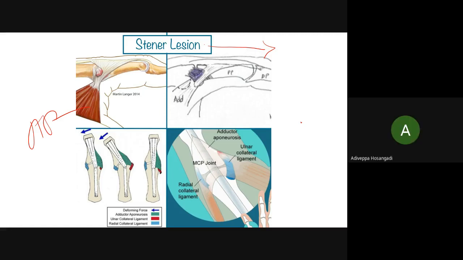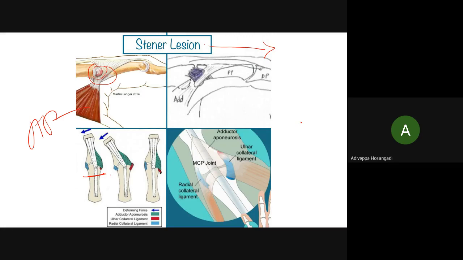Once there is a rupture of the ulnar collateral ligament, watch it: if the torn ulnar collateral ligament comes out of the aponeurosis of the adductor pollicis, it is not going to heal. Look at this diagram. The collateral ligament is inside the adductor pollicis.